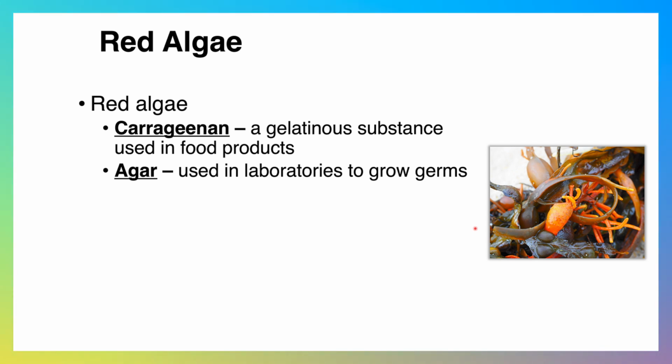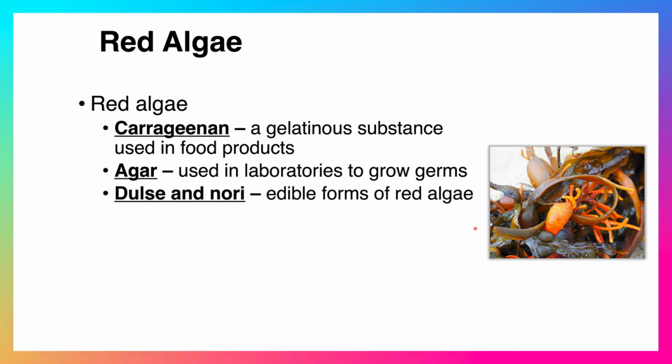Agar plates are used to grow bacteria, and very important in the scientific study of microbiology. Also, red algae is harvested for its food value, and there are two forms, dulse and nori, that are edible and are actually served in some foreign countries.